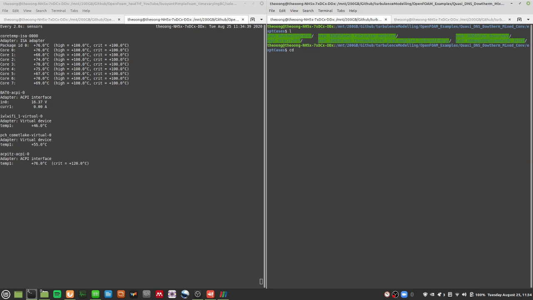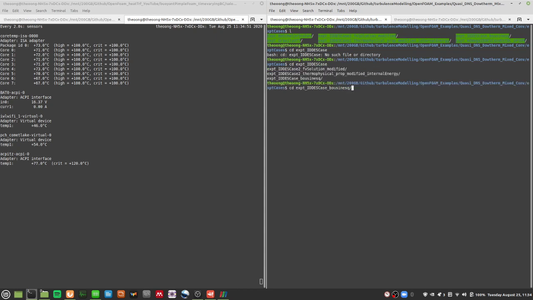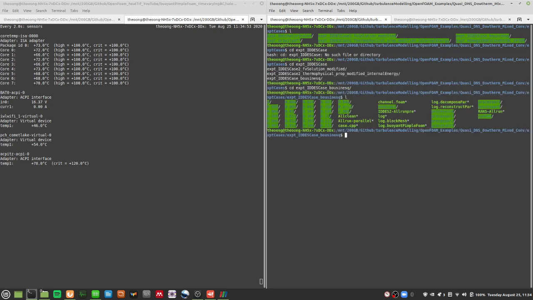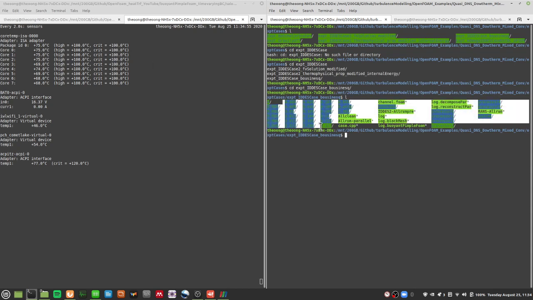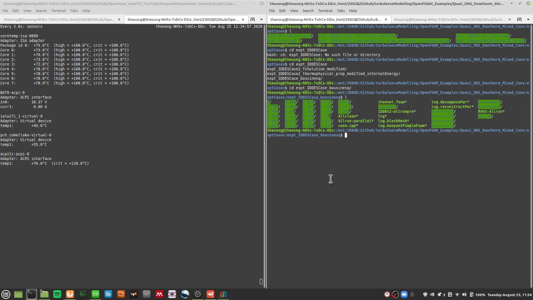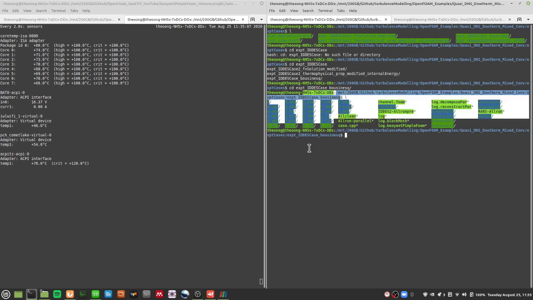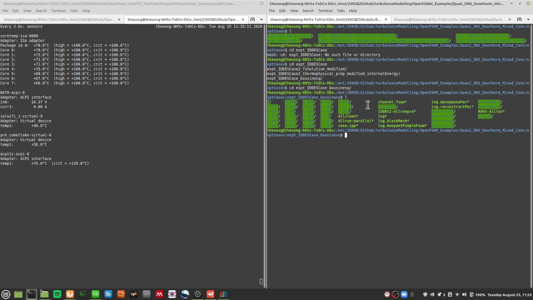Let me show you. This is the CD experimental case. It uses a Boussinesq approximation, and it actually ran a lot longer than 0.145 seconds, as we know that buoyantPimpleFoam kind of crashes around that point in time.